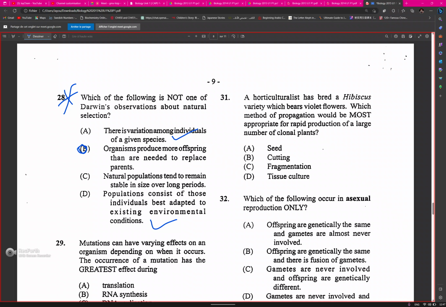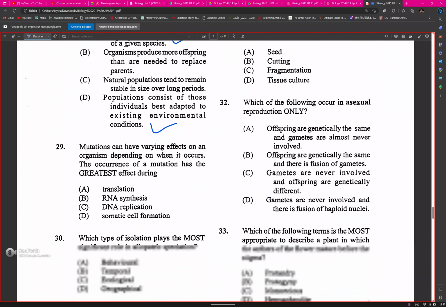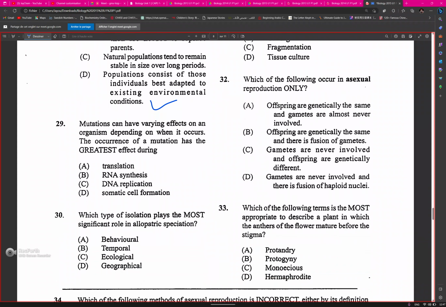That doesn't specifically speak to natural selection. Natural selection speaks to variation and adaptability. Creating more offspring than needed to replace parents isn't really what I would call natural selection per se. But we could argue that. I could just leave an asterisk there. Let's complete the paper and then we could argue that.